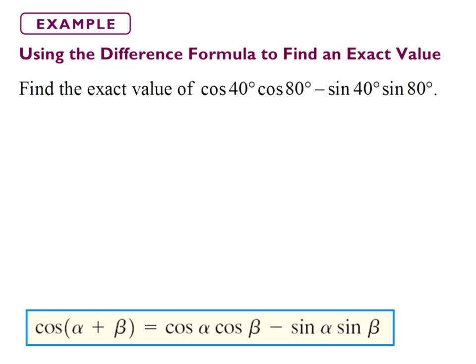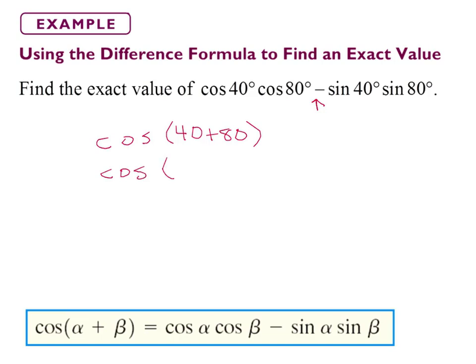Good. So this becomes cosine. Exactly. This becomes cosine of 40, and because the sign is negative, it becomes plus 80.